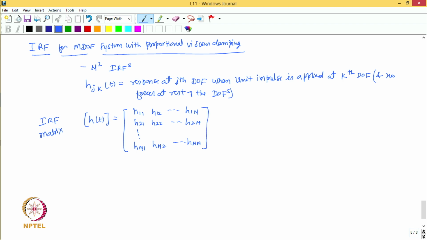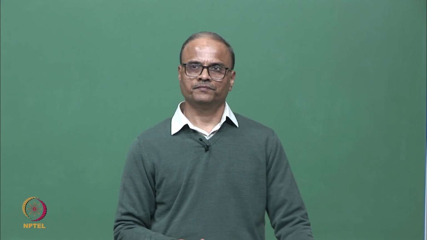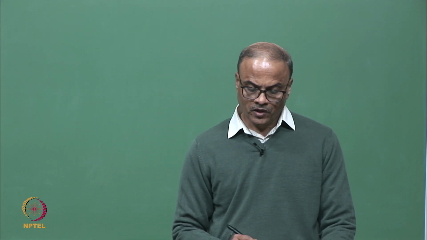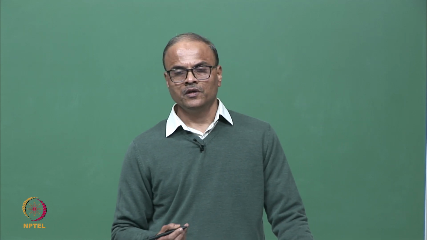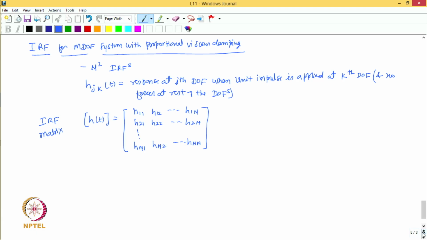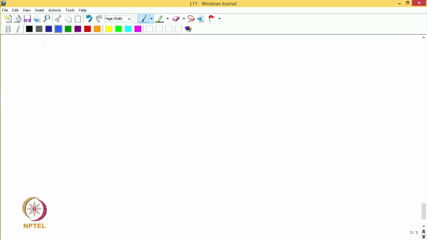Of course, this matrix will be symmetric because of the principle of reciprocity. Let us now determine H_jk, the impulse response function of the multi degree of freedom system with proportional viscous damping.